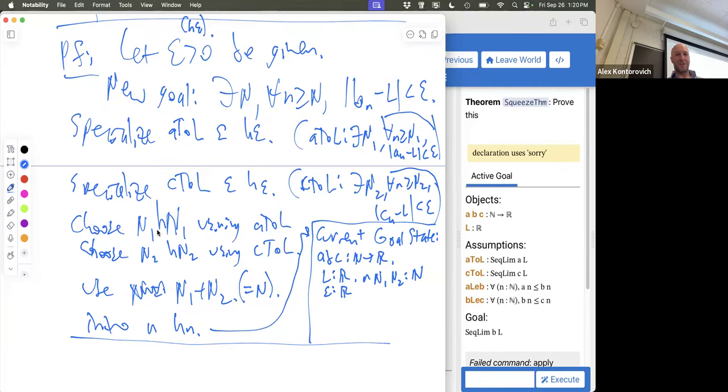Okay, what are the assumptions? HN1 says for all n greater than N1, absolute value of AN minus L is less than epsilon. HN2 says for all n greater than N2, absolute value of CN minus L is less than epsilon. That's it.